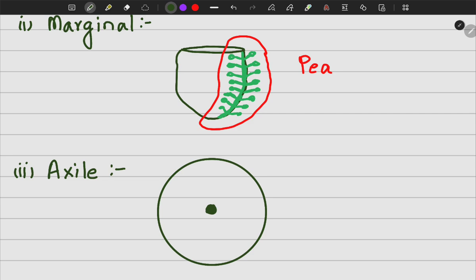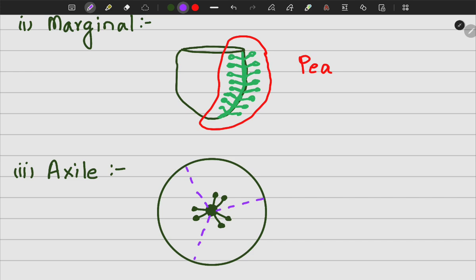The placenta is formed in this central axis and it bears ovules like this. And usually there is a compartment within this ovary. There will be compartments.